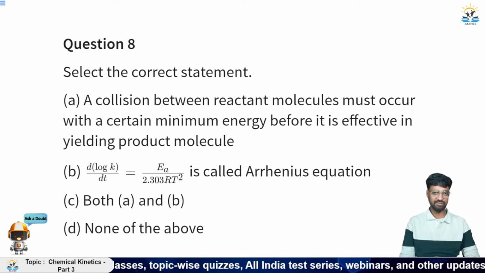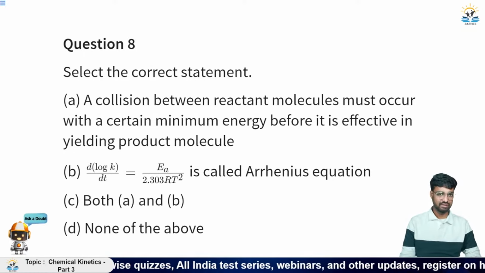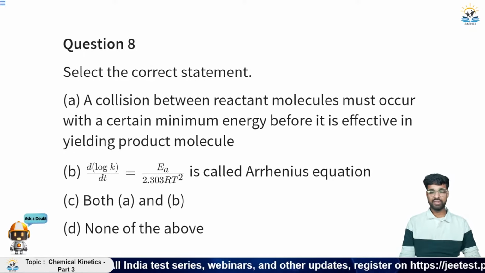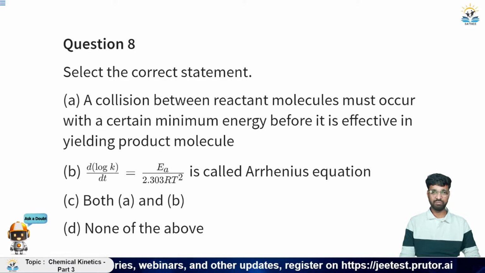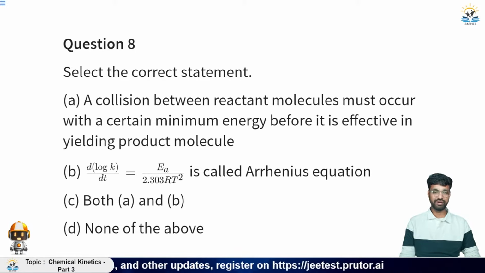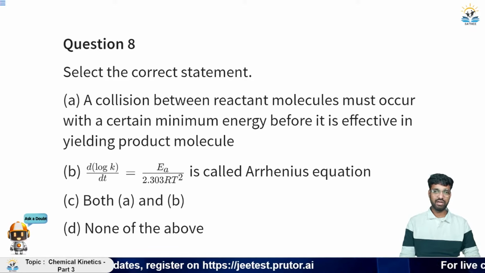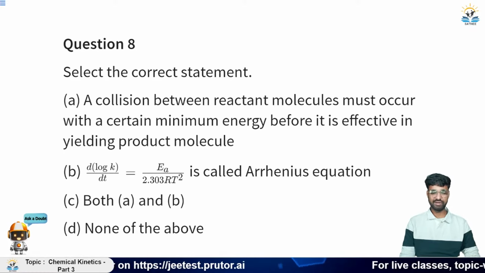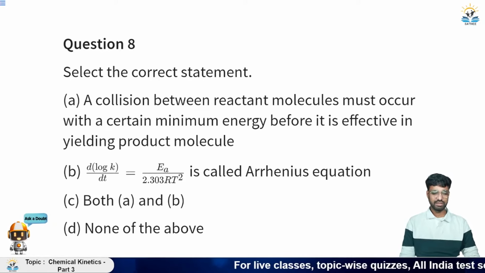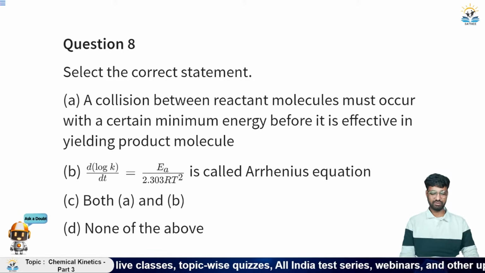Now the next question is a statement type question, which says that a collision between reactant molecules must occur with a certain minimum energy before it is effective in yielding product molecules. So this is the first statement that is made, and you have to say which is the correct one. The second one says that d ln k by dT is equal to Ea by 2.303 RT.